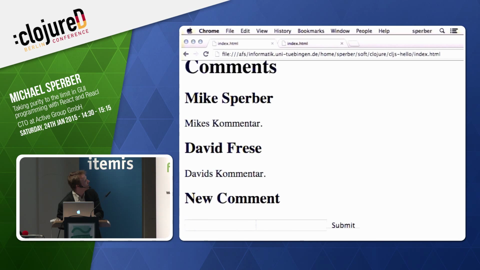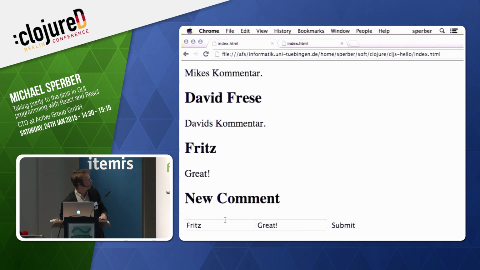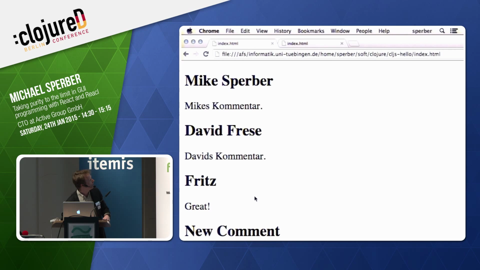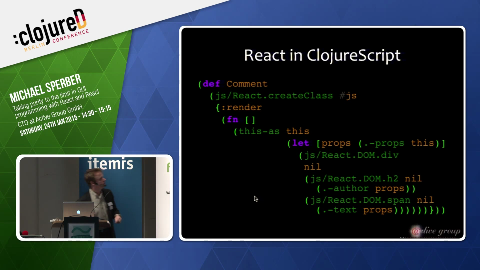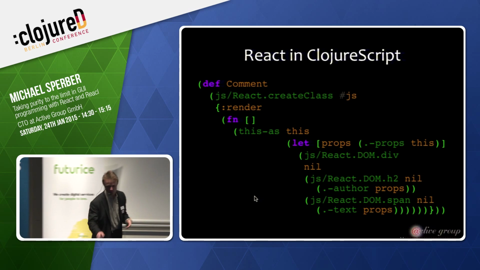So here's a bunch of comments, and down here there are two text fields. Fritz says, great, something like this, and I can push the submit button, and then it will appear here, and I can enter a new comment. So it's very simple, but it's hopefully suitable for showing the essential concepts.